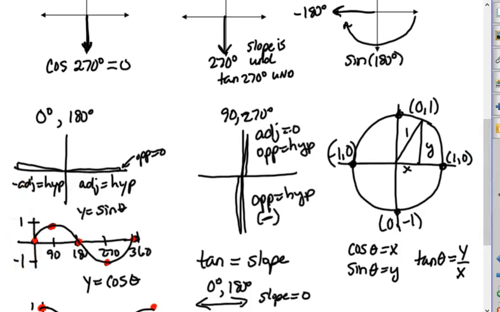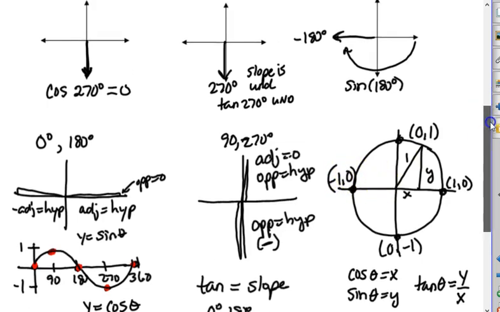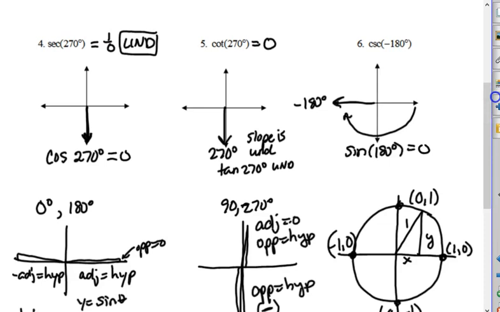At 180, the opposite side equals 0, so sine is 0. Or we could look at the graph and say sine is 0 at 180 degrees. Or we could look at the y-coordinate on the unit circle and say sine is 0 at 180 degrees. So sine of 180 equals 0, which means its reciprocal, cosecant, is undefined.